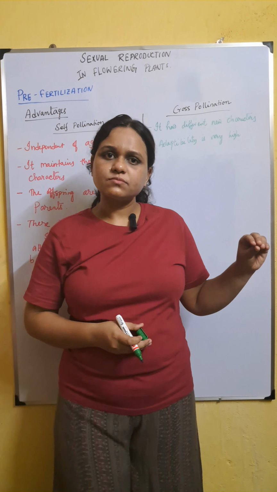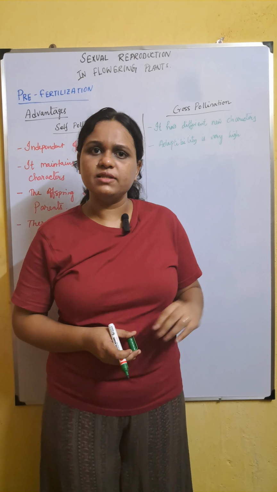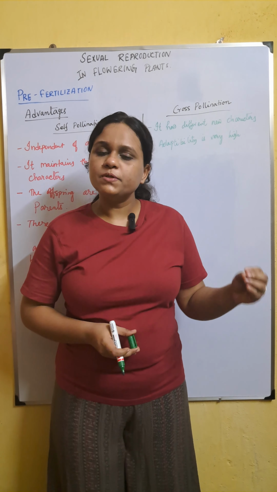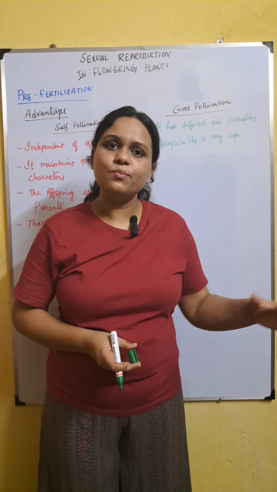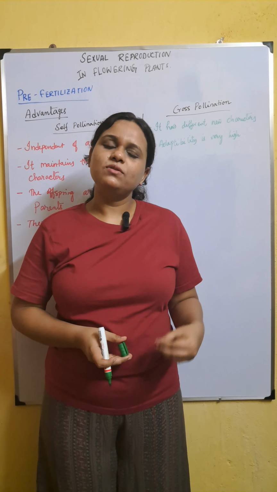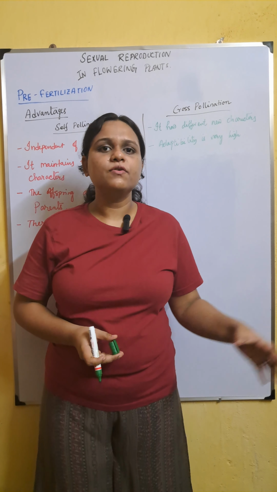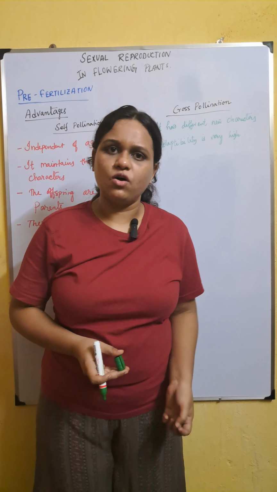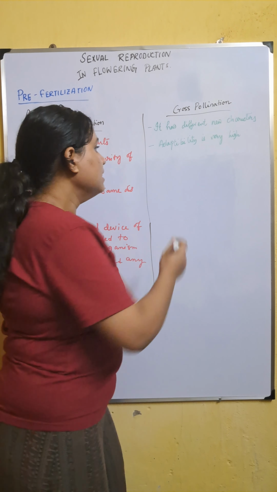Now when these two plants cross, the offspring produced will be very adaptable to both environments, to some extent to drought condition and to some extent to watery or moist condition. So it will have a high adaptability.